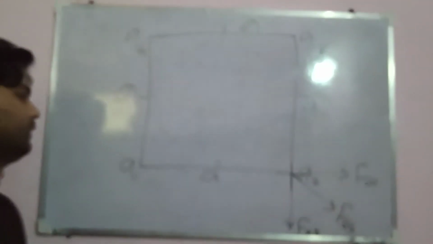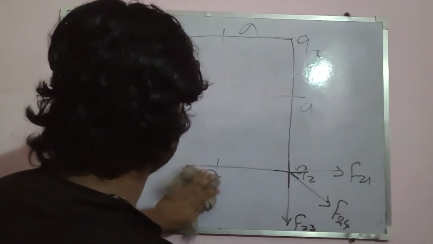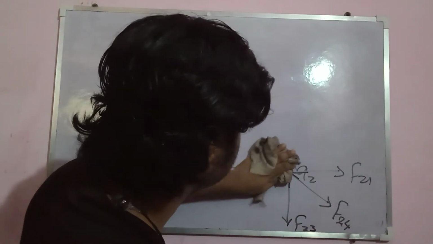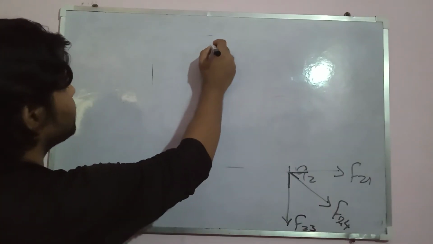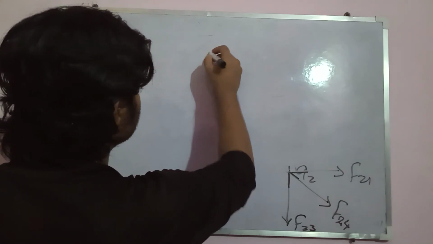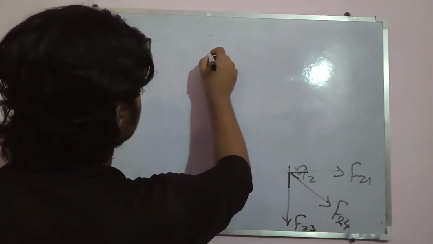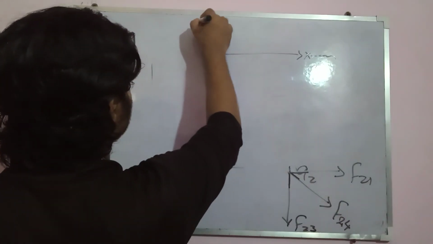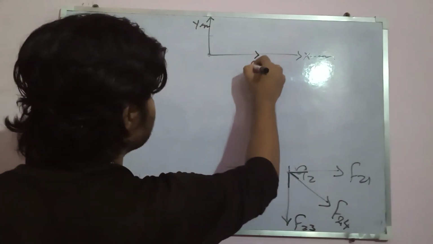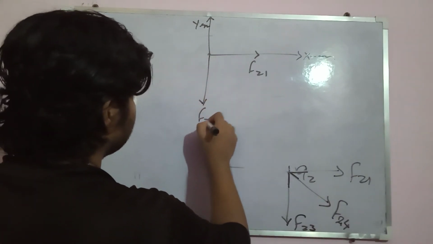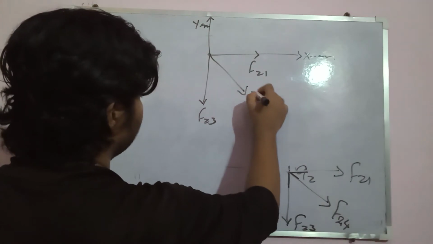See, these are 3 forces. I'm erasing this part of the figure, the derivation of the force. We need to consider this part. Suppose this is my x-axis and this is my y-axis: F21, F23, and F24.